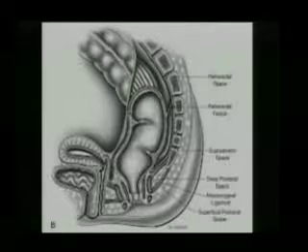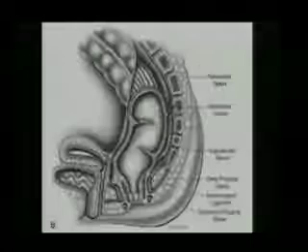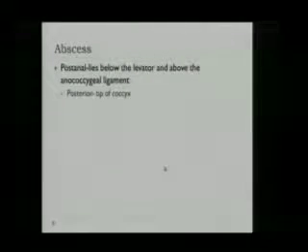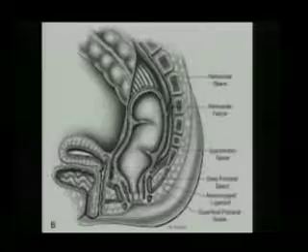And this is deep postanal space. Here's the anococcygeal ligament, so the coccyx and the anus, that's the external sphincter. Anococcygeal ligament, and the postanal space there. And, well, that will come up in a little bit.